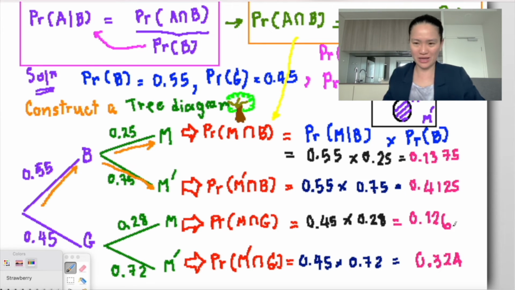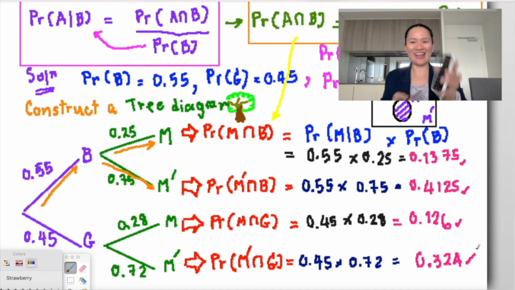Okay, let's go with me. First, we're going to do this one. 0.1375 plus 0.4125 plus 0.126 plus 0.324.